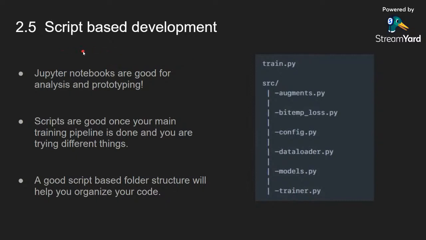Now the other thing is script based development. This was a concept that I couldn't really grasp when I was starting. At first I really only worked in Jupyter notebooks. I did not do anything other than Jupyter notebooks. I wrote my entire code in Jupyter notebooks, the entire training, validation, and submission code, the entire pipeline, and then I just uploaded it as it is on GitHub.